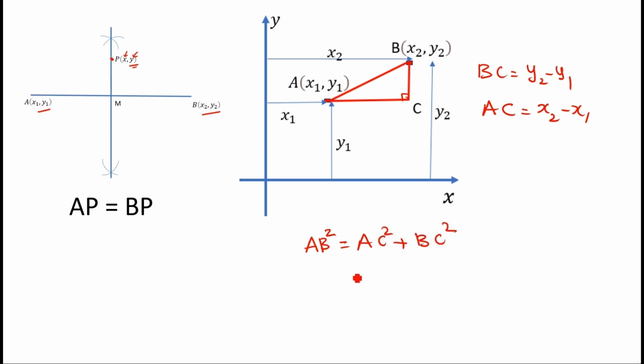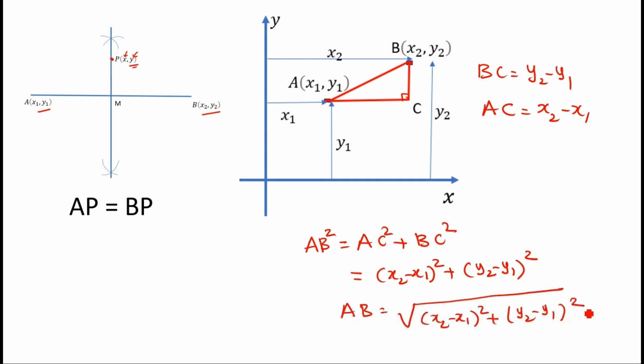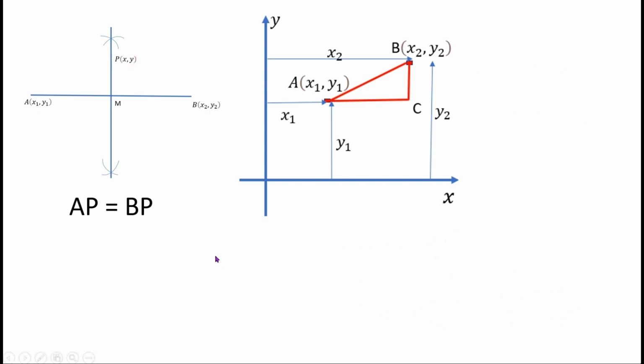AC is x2 minus x1, so AB square is (x2 minus x1) whole square plus (y2 minus y1) whole square, right? So AB equals the square root of that. I erased all the markings. So the distance between the 2 points AB can be written as the square root of (x2 minus x1) whole square plus (y2 minus y1) whole square.